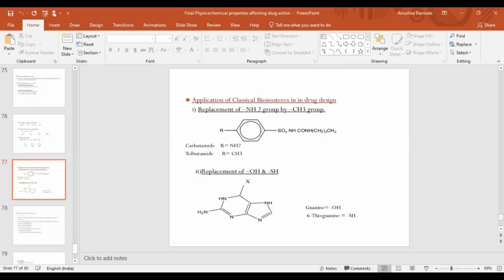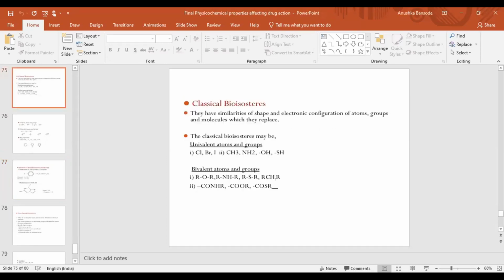With this, we will study how classical bioisosteres were applied by replacing an NH2 group by a CH3 group. An example is carbutamide, wherein NH2 was there, and in tolbutamide, CH3 was there. A second example is the replacement of OH and SH, wherein guanine and thioguanine have shown an important role.